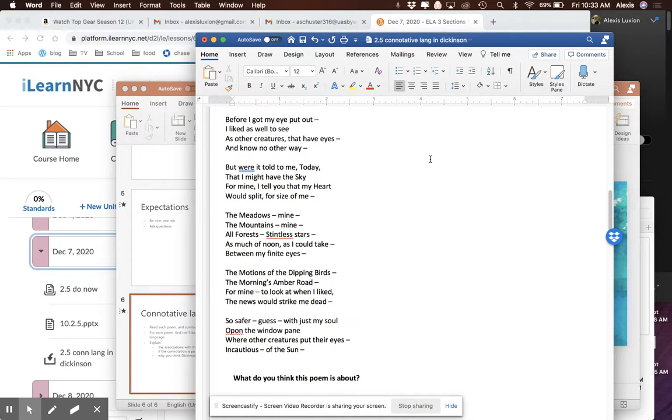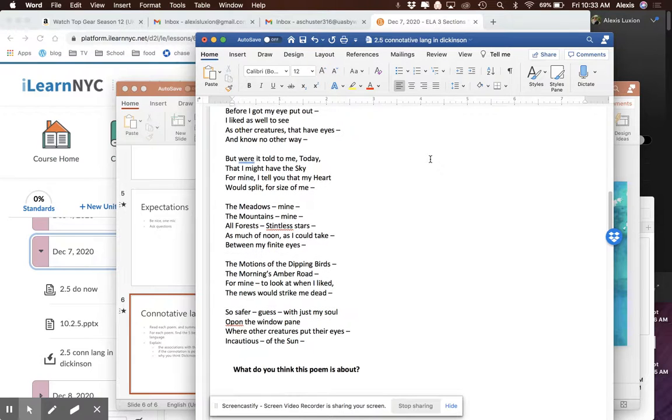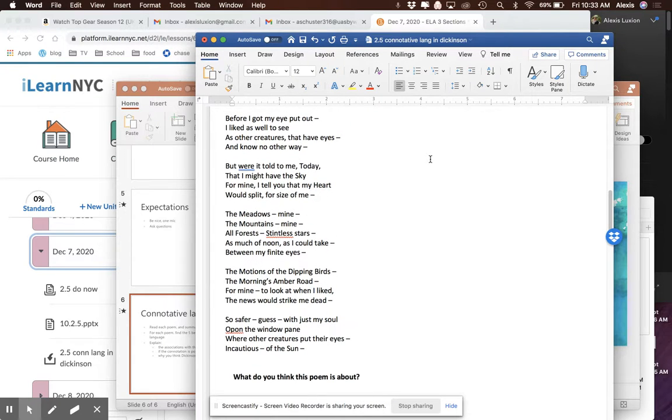Okay, take a minute and see if you have any ideas what this poem is about. Okay, so Dickinson is talking here again about her depression and about her reclusivity, her wanting to be private.